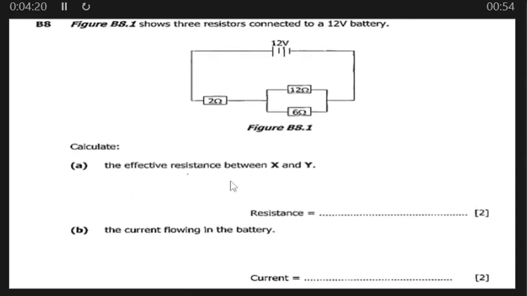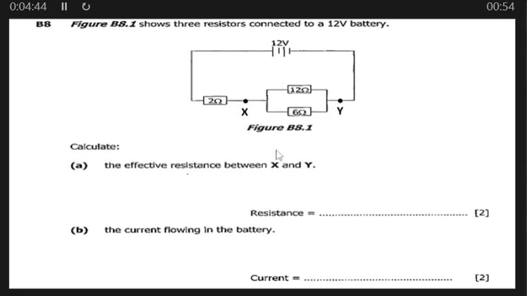So let's say this was point X and then this was point Y. So according to question A, which is saying calculate the effective resistance between X and Y, they are asking us to calculate the total resistance of these resistors connected in parallel.